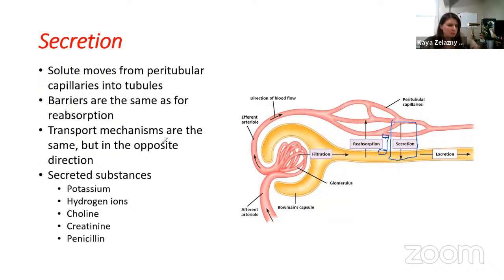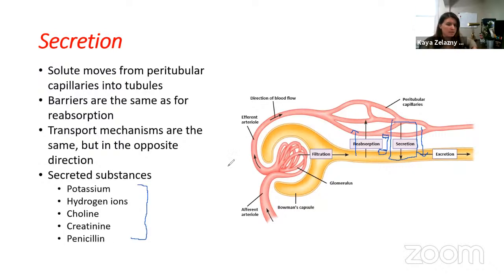The transport mechanisms for this are the same. Namely, we do use carrier proteins, but they just work in the opposite direction. So they'd just be pumping stuff into the tubule rather than with reabsorption. Occasionally we see stuff pumped out. So some of the secreted substances that you'll see are listed below: potassium, hydrogen ions, choline, creatinine, and penicillin.